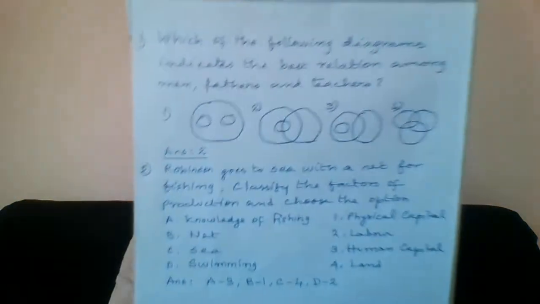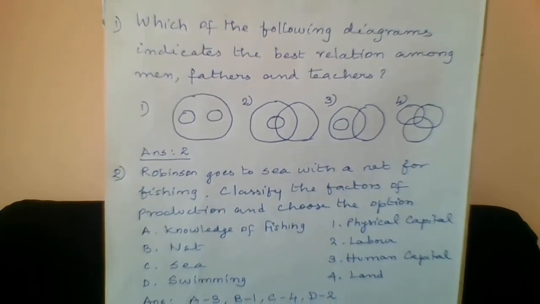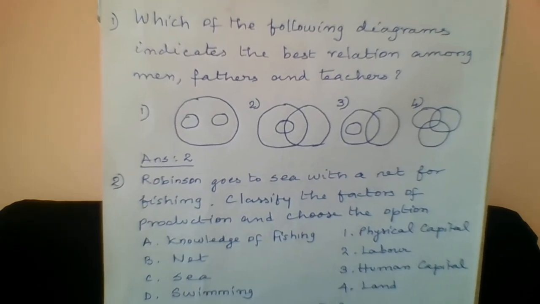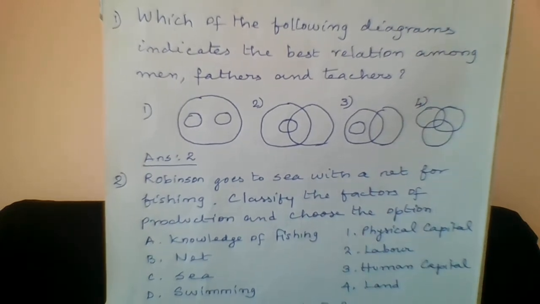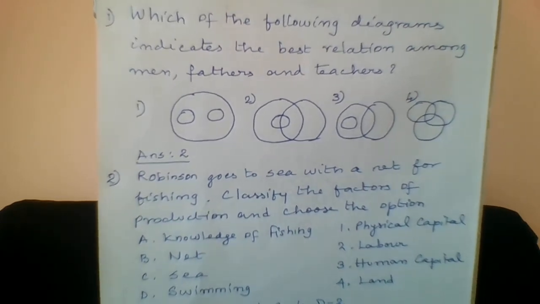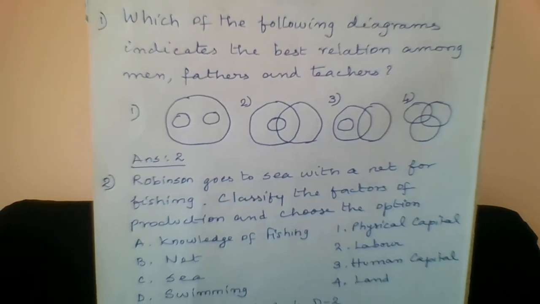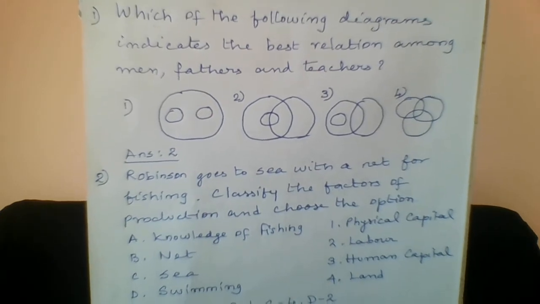Okay, let us look at one more problem. So here some diagrams are given which represent the relationship between men, fathers and teachers. All fathers are men, but all teachers are not men. Teachers can be male or female. So the second diagram represents the relationship between men, fathers and teachers.